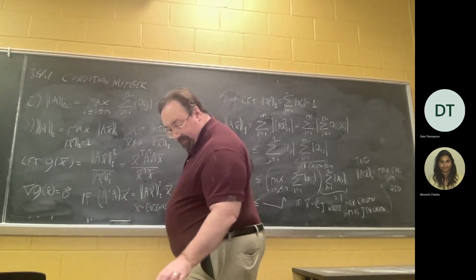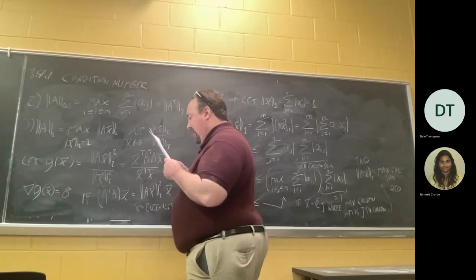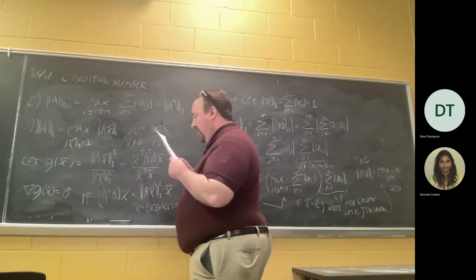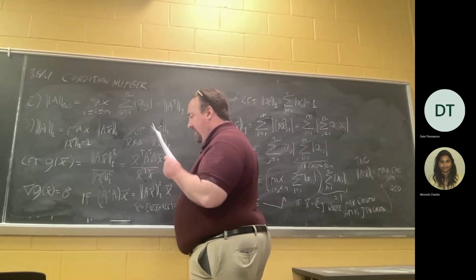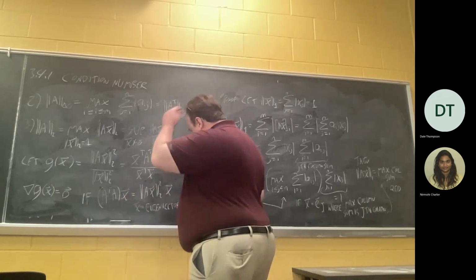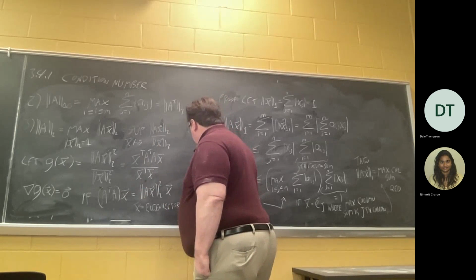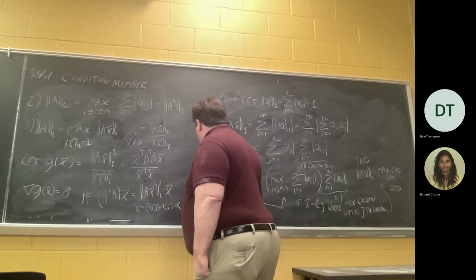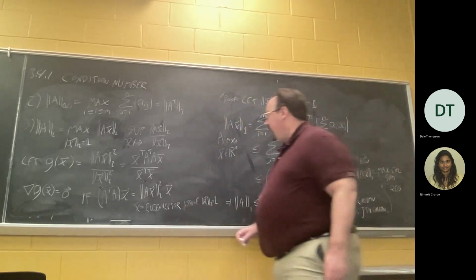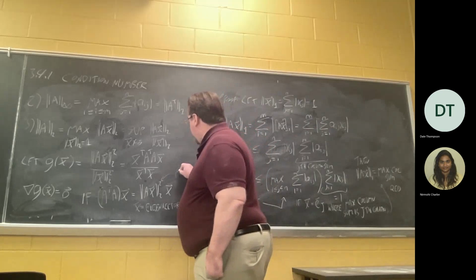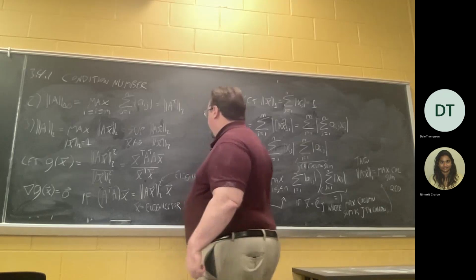Do I have a mistake here? No, it's not a mistake. And for this to be true, and thankfully it does say so in the notes, assuming X is a unit vector, in which case this scalar here is the eigenvalue.